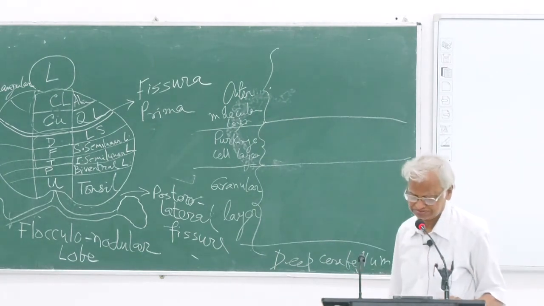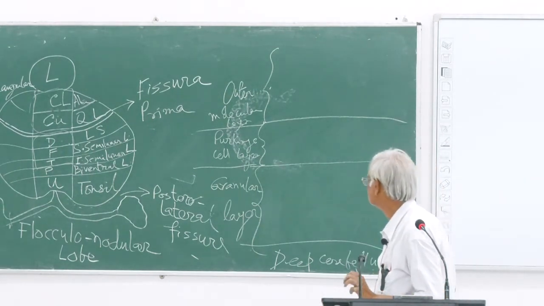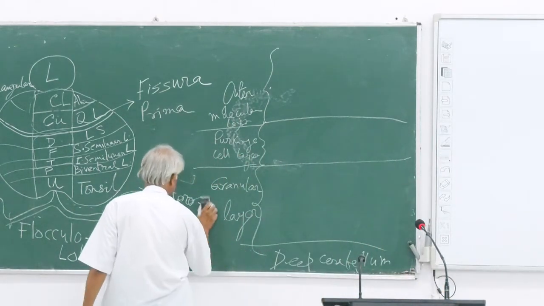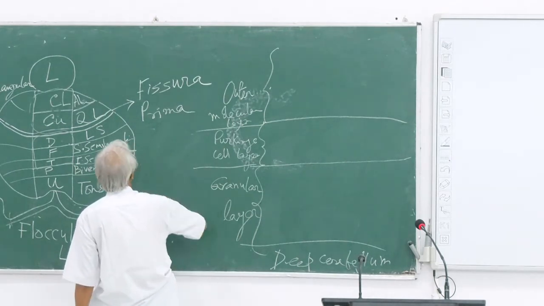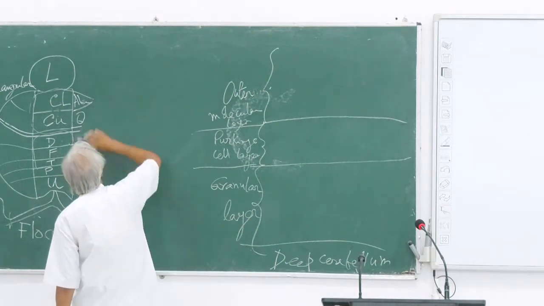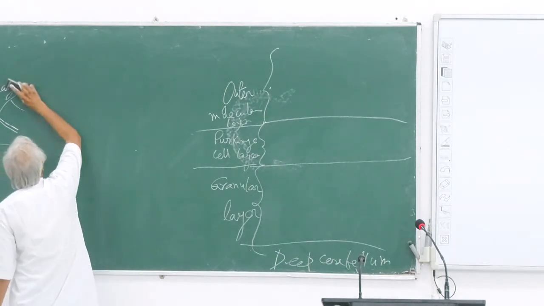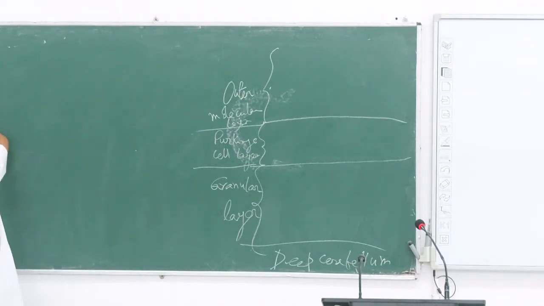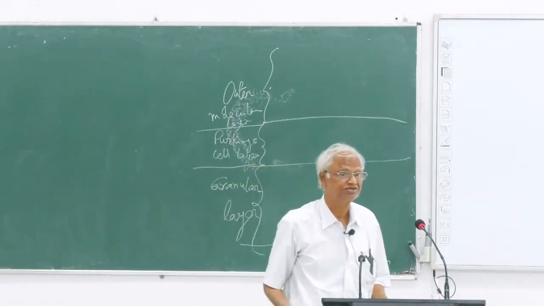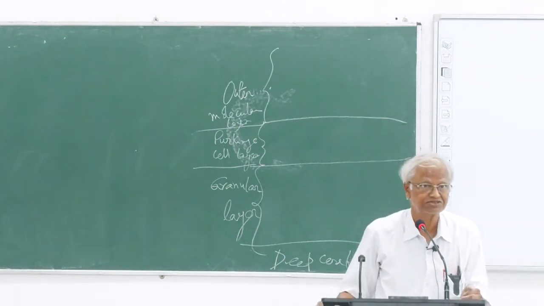Now, there are five. They say the most critical part of the cerebellum is to understand the cerebellar cortex.